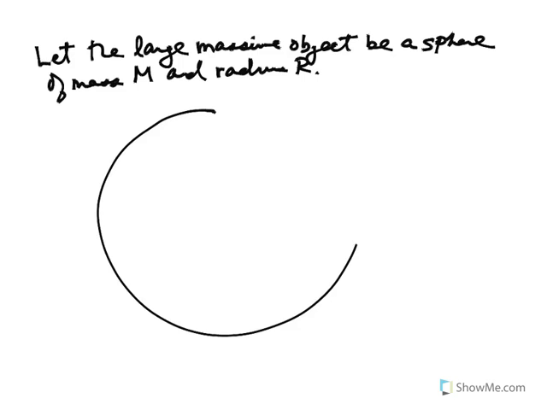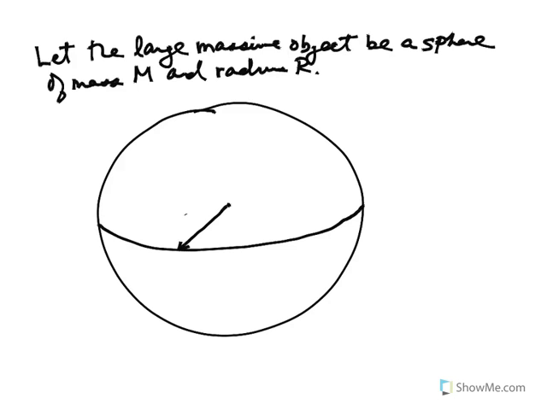I have a sphere, and the sphere has a radius R. So there's the center of the sphere. So the radius of the sphere is R. And there's a point P, which is my particle of mass M. And let's let the center of the sphere be O. And this is point P. This is my particle of mass M. And it is located in close proximity to the surface of the sphere.